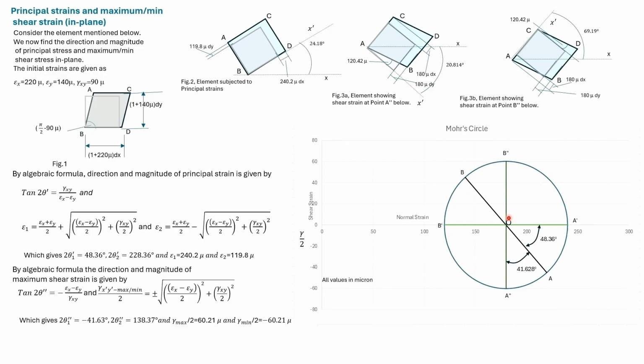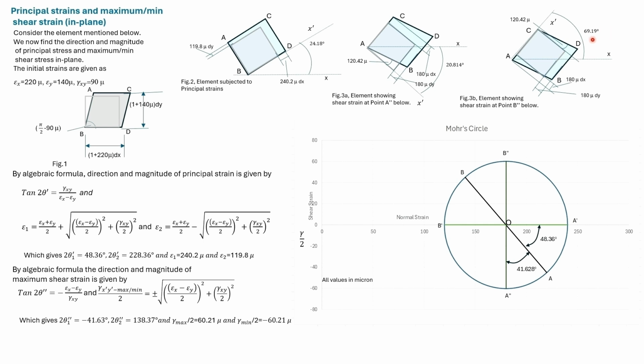Now if we rotate OA in the clockwise direction by this angle, then we come to OA double dash. Now OA double dash corresponds to the plane with the maximum shear strain. Here we have rotated the element by half of this angle. The normal strain of the element is the same in two directions. The angle is reduced from the original right angle.